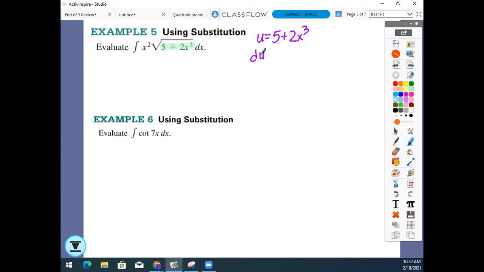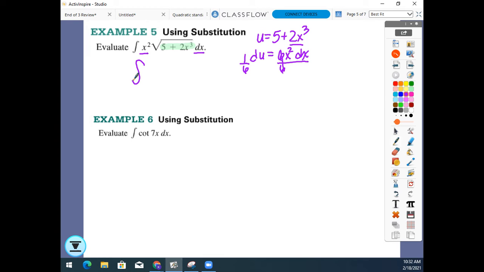I only want u's on this side, so I'm always going to put my dx on the other side. The derivative of 2x to the third is 6x squared dx. Now, notice I have x squared and dx. What we do not have in this side is the 6, so I'm going to divide by 6. I'm just going to make that a coefficient in the front, 1/6.